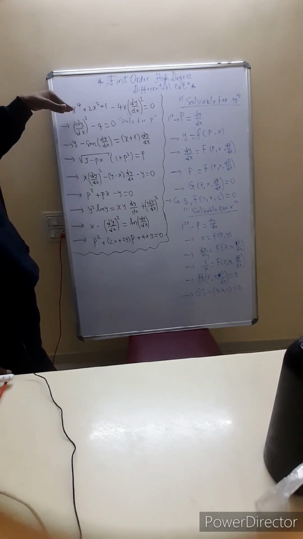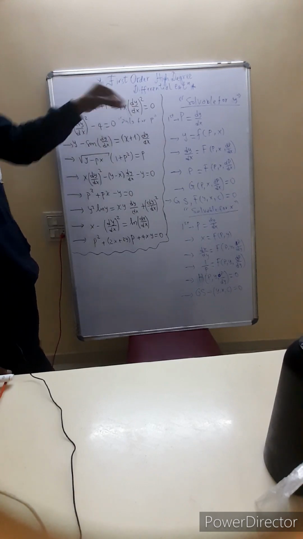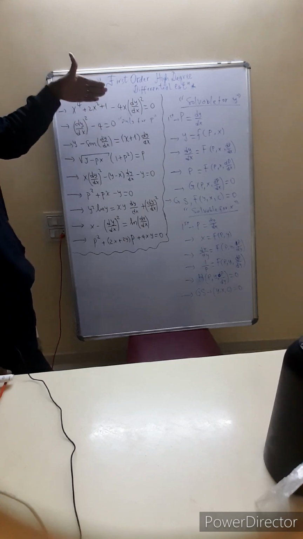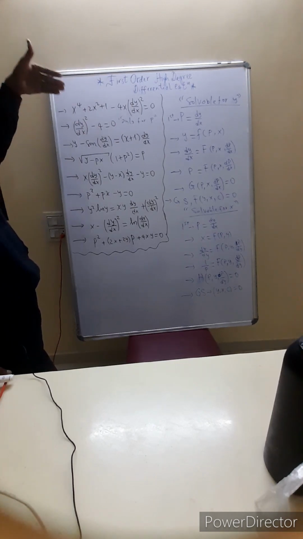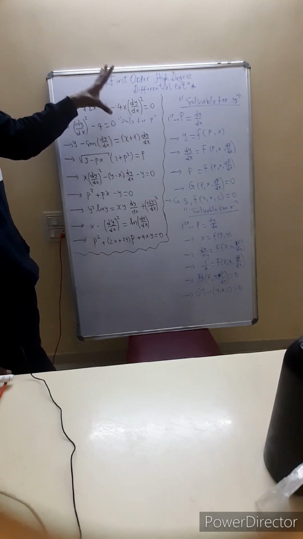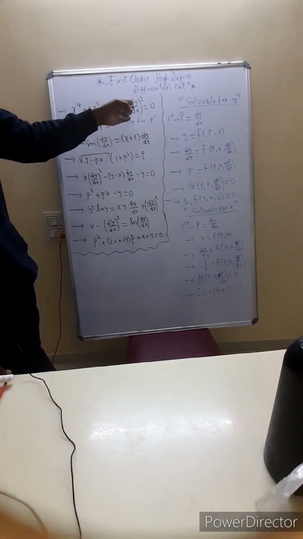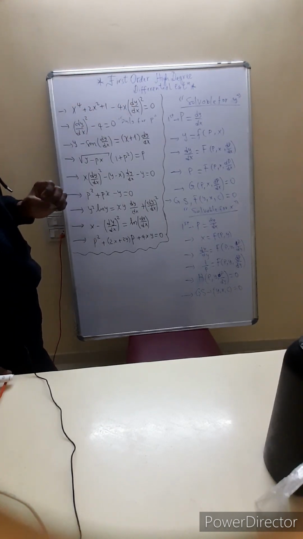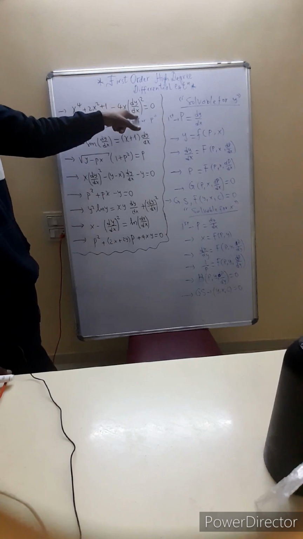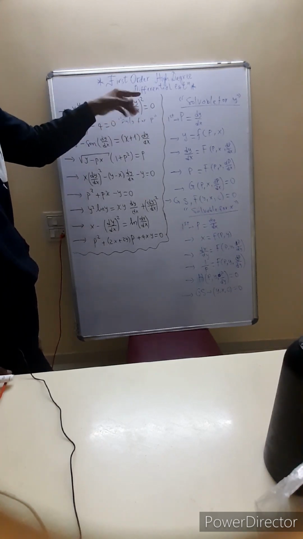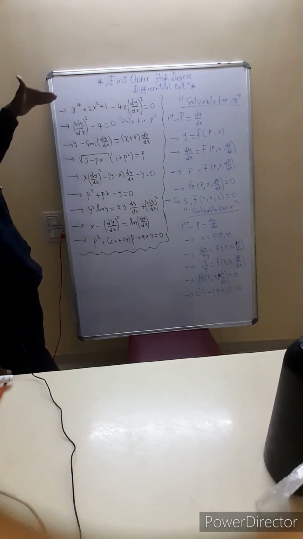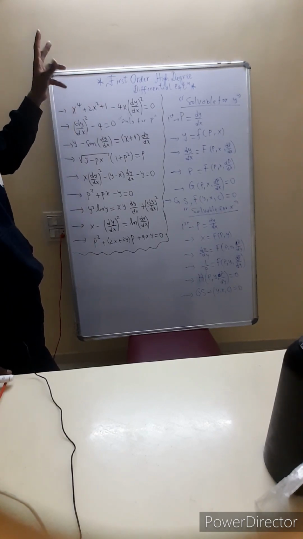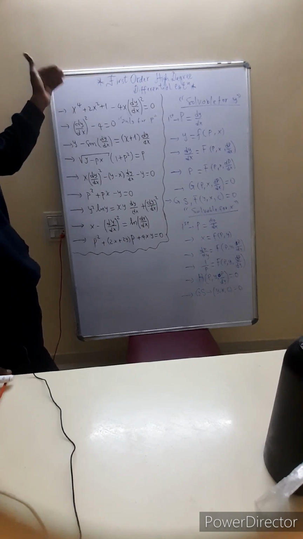It is very difficult to factorize or to make this a polynomial in terms of p, and when it is difficult for you to factorize this p and make this a polynomial of x and so on. So there is x and there is p. This equation can be solved either for p or for x, but for x, here we have x to the power 4. This is very difficult for you to solve for x.